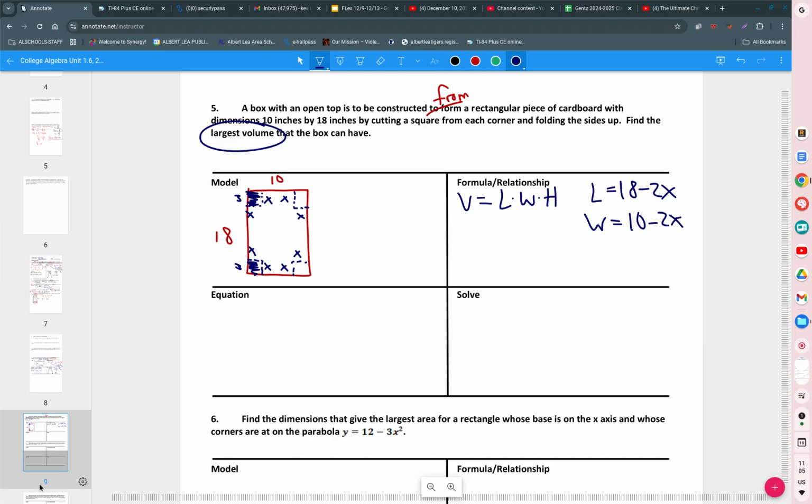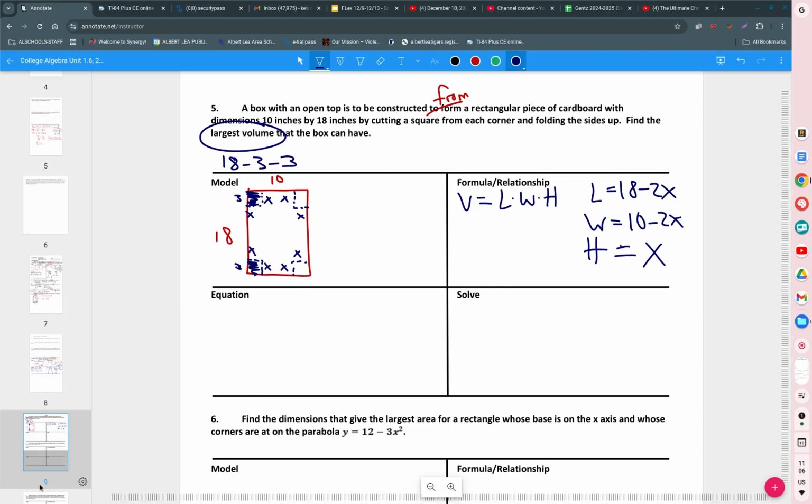If you're going to find out the new length, you take 18 and you subtract 3, and then you subtract another 3. You subtract 2 of those 3's to find the new length. So you're going to subtract 2x. And the width is 10 minus 2x. What's the height? When you fold it up, how tall is it going to be? X tall. It's going to have whatever size you cut, that is going to be the new height.